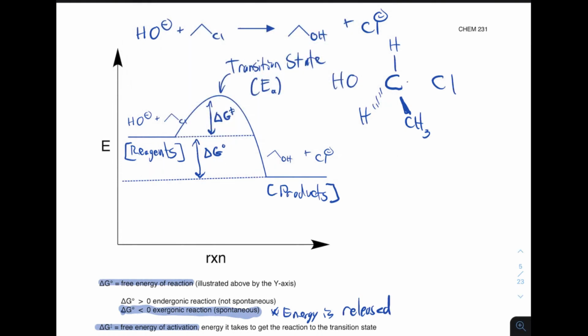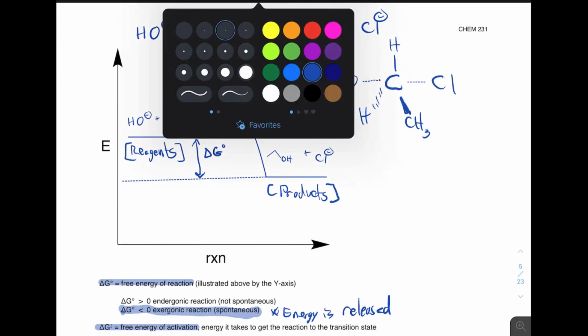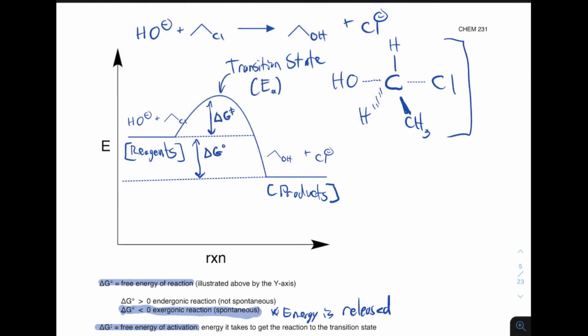So what we're showing in this transition state is the simultaneous forming and breaking of a bond, represented by these dotted lines. And this term here just means transition state, okay? So we're showing bond breaking, with that carbon and chlorine, and bond forming.